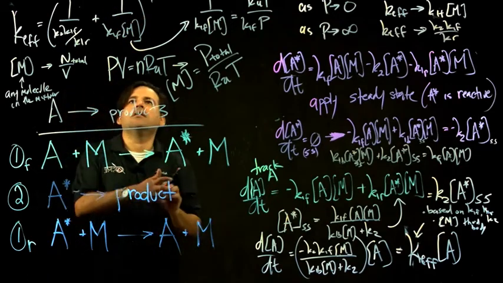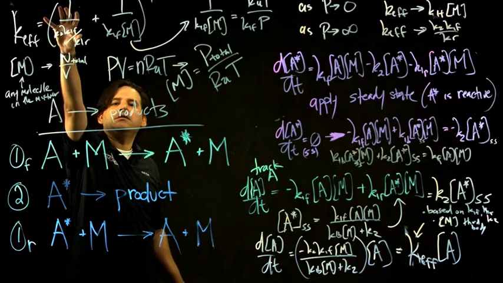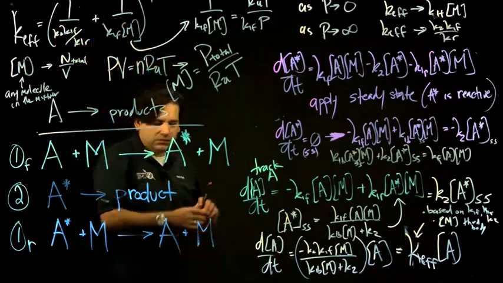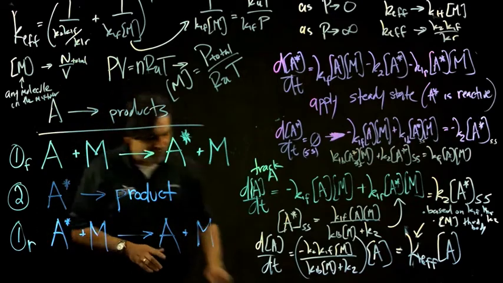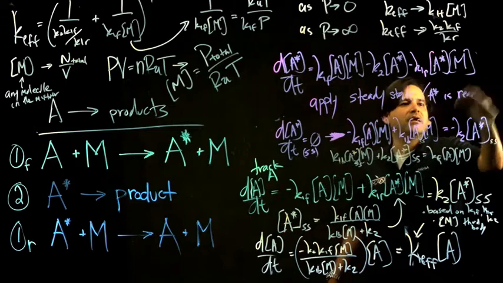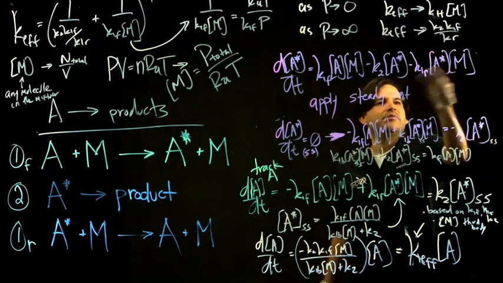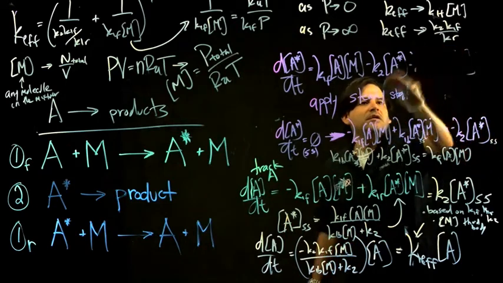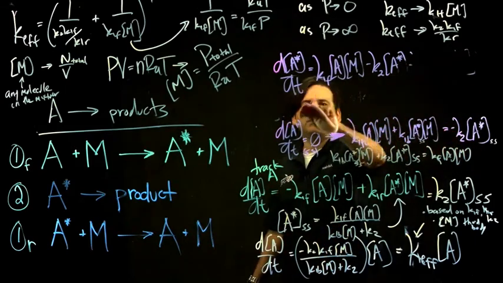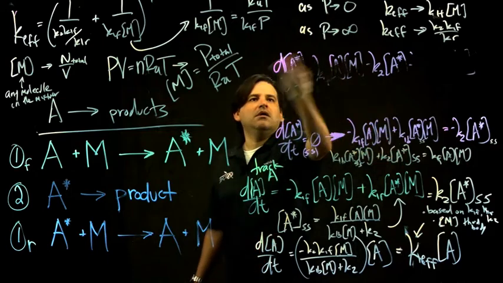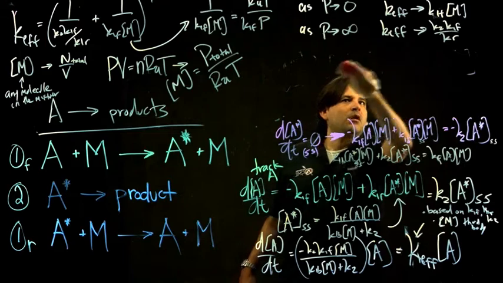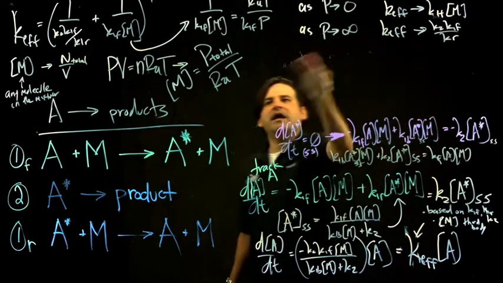If you go to high pressure, this goes to 0 and then this dominates. So what's happening is this unimolecular process, because there's a third body in there, that third body concentration depends on the ideal gas equation, which has a strong, linear pressure dependence. So the limiting cases for high and low pressure are pretty clear in this analysis.